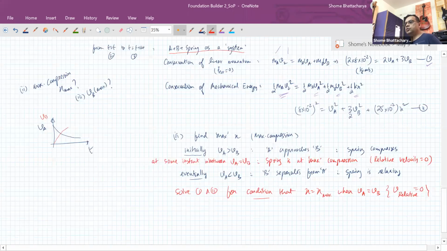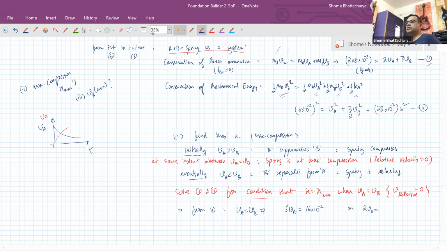So let's do the solving now. So from equation 1, VA will be equal to VB at the instant when it becomes how much? So substitute VA equal to VB in the above equation. So 5 VA or 5 VB, whatever, is 16 × 10^-2. Okay.